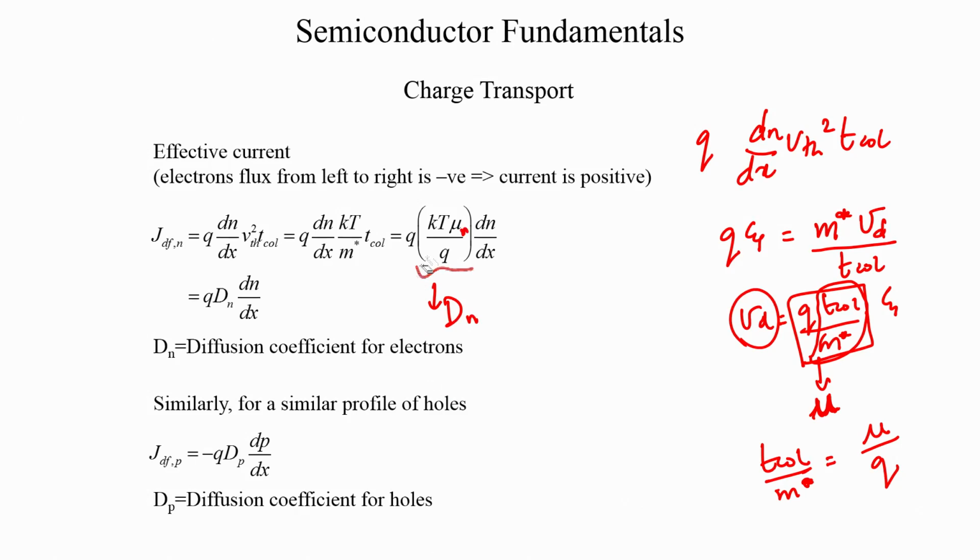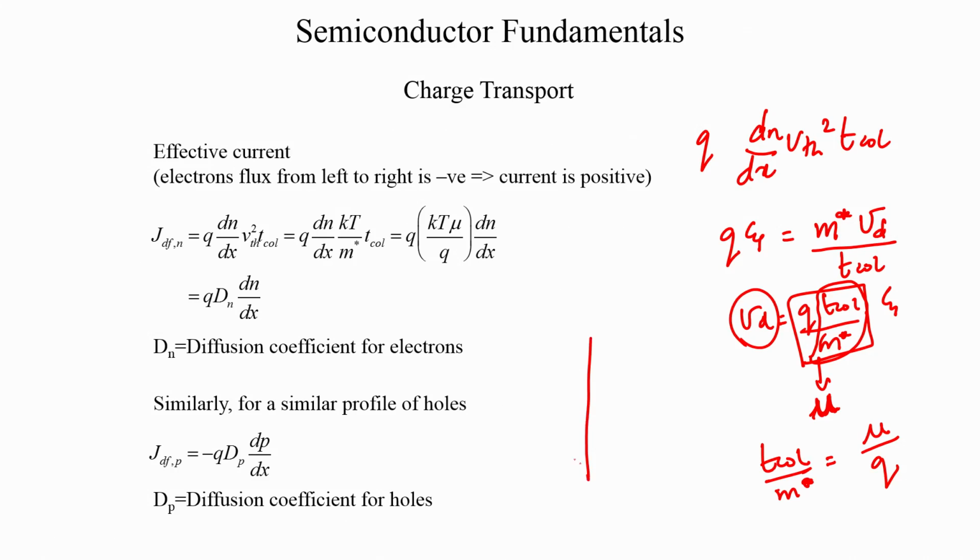Therefore, the diffusion current can be written as q Dn dn by dx. Similarly, we could define a diffusion coefficient for holes and therefore a diffusion current for holes.